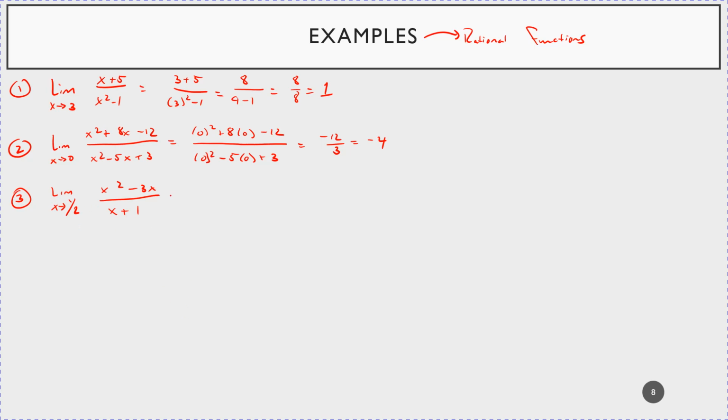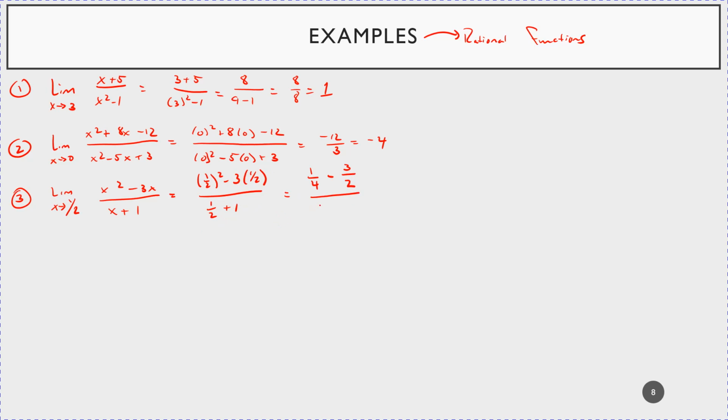So again, you can just plug this right in. So this is 1/2 squared minus 3 times 1/2 all over 1/2 plus 1. Okay, so 1/2 squared is 1/2 times 1/2, so this is 1/4 minus 3 times 1/2 is minus 3/2 all over 1/2 plus 1.